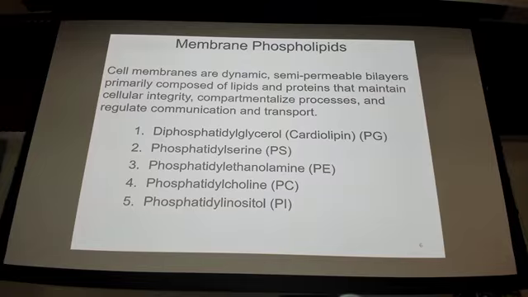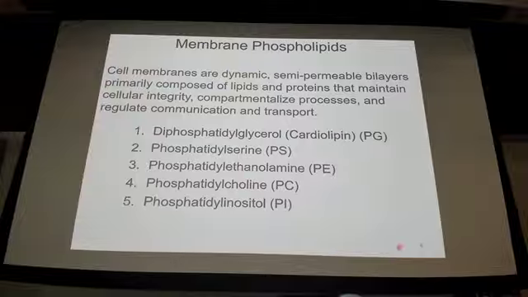We're going to talk about each of these. We're going to talk about just some main characteristics of these and the roles they play in not only the cell membrane, but other roles they play in maintaining cell health and function. So these membrane phospholipids are integral to our cell membranes at varying degrees.